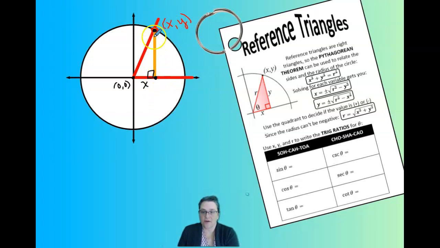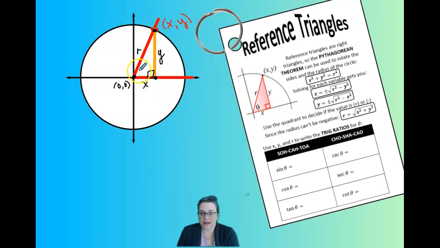Okay, then the vertical distance from the x-axis to that point of intersection is the y value of the coordinate. And the hypotenuse of this right triangle, because it goes from the center to the edge of the circle, is the length of the radius of the circle. So we have x, y, and r.